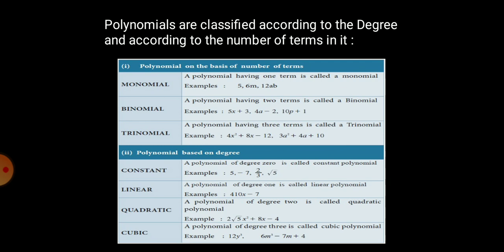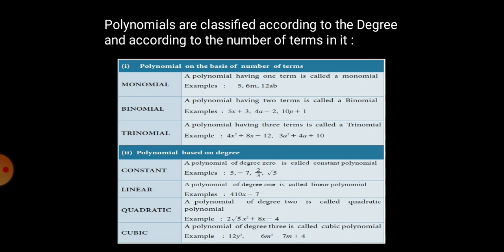Binomial means a polynomial having two terms: 5x plus 3, 4a minus 2, 10p plus 1. Trinomial means a polynomial having 3 terms. More than 3 terms is called a polynomial. Thus, according to the number of terms, it is classified into 3, and the remaining ones with 4, 5, 6 terms are called polynomials. Of course, the above are also known as polynomials, but they have a name.